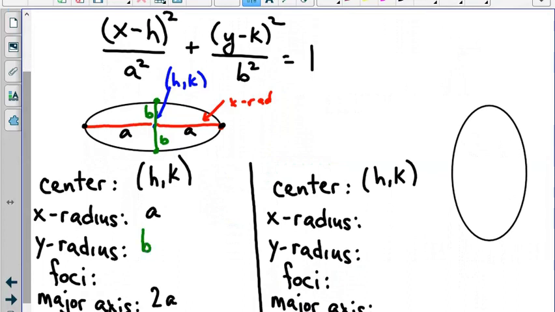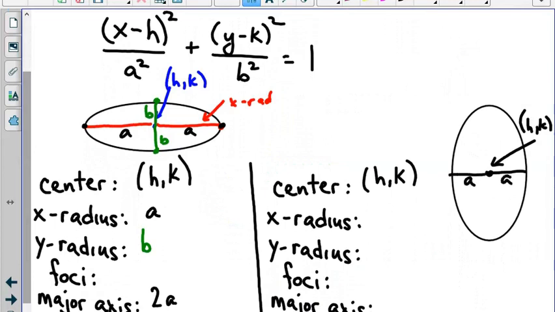The definition of what a minor axis is the entire length of the shorter axis, so that's the minor axis, and in this case, that's 2b, okay? So if we look at this particular case where the ellipse is stretched in the other direction, h, k remains the same. Our x radius is still a.